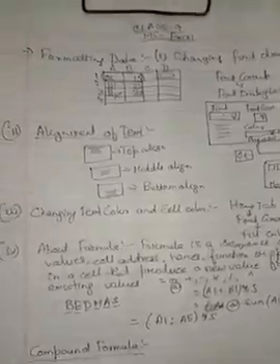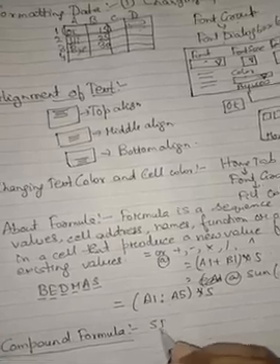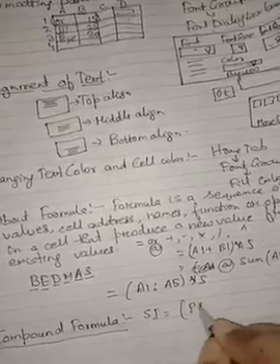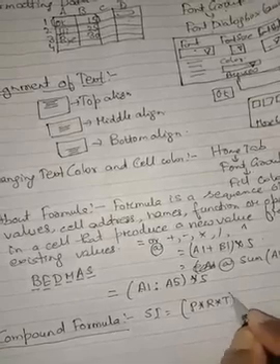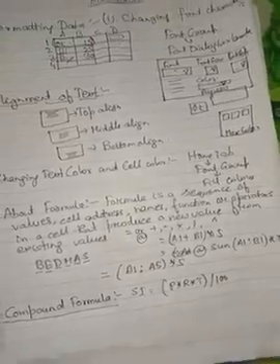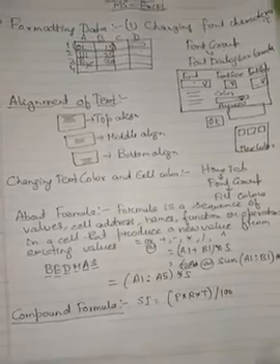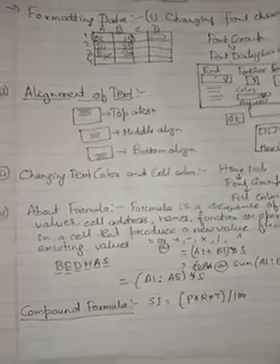We have seen this in the case of simple interest. Suppose we are told to find the simple interest, then what is the formula of simple interest? P into R into T divided by 100. So here more than one operator is used to perform the calculations. So this is the compound formula. How will we perform the compound formula?